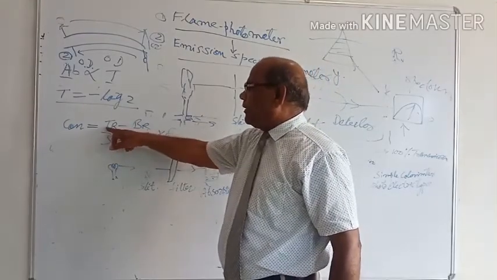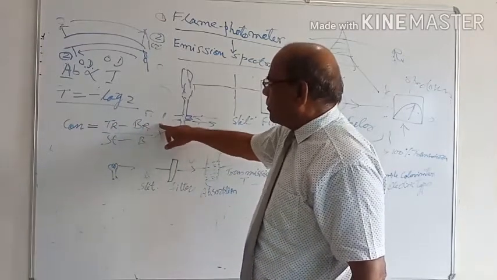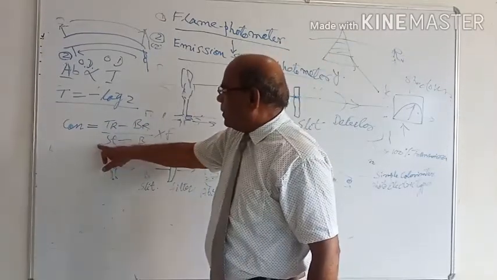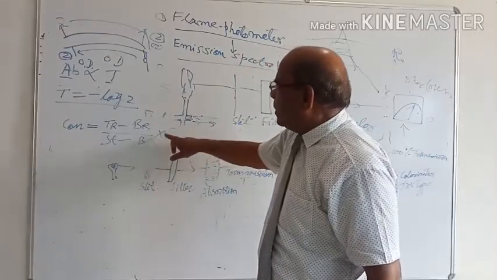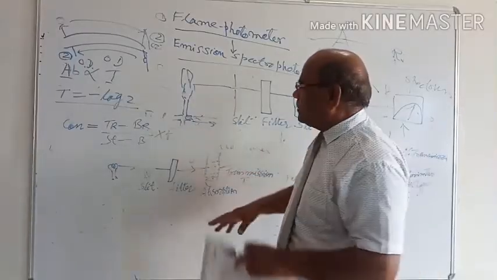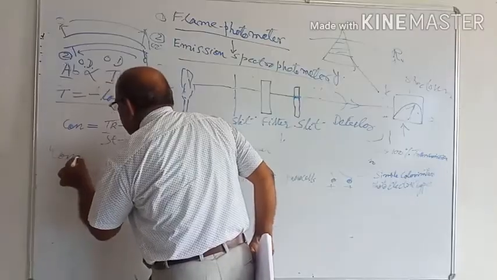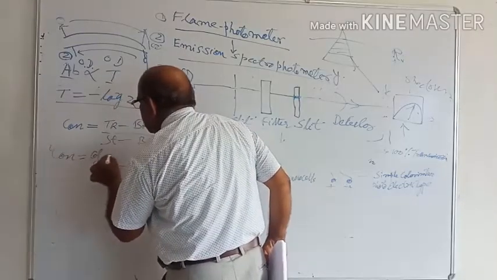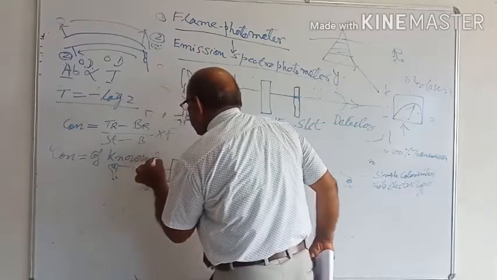The reading of the test absorption minus the reading of the blank absorption upon the reading of the standard absorption minus the blank absorption, into the concentration of the standard. The factor stands for the concentration of the known standard.